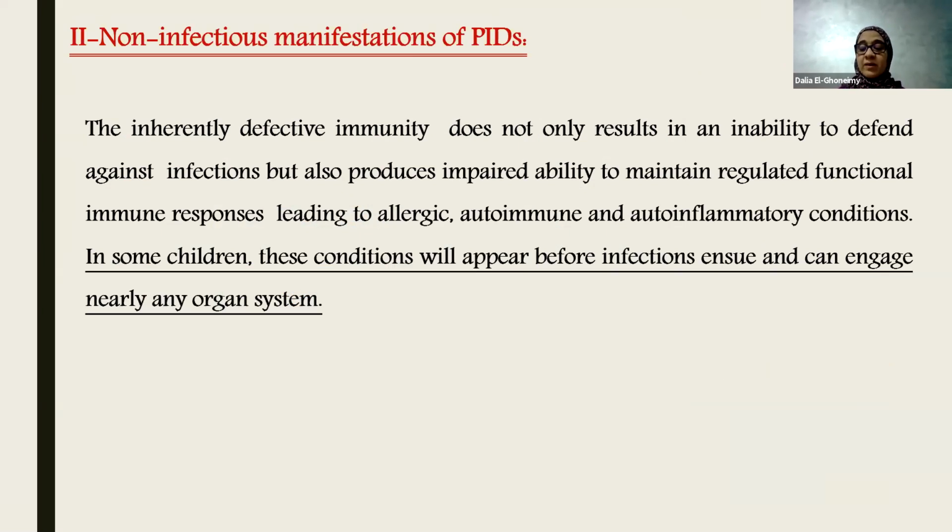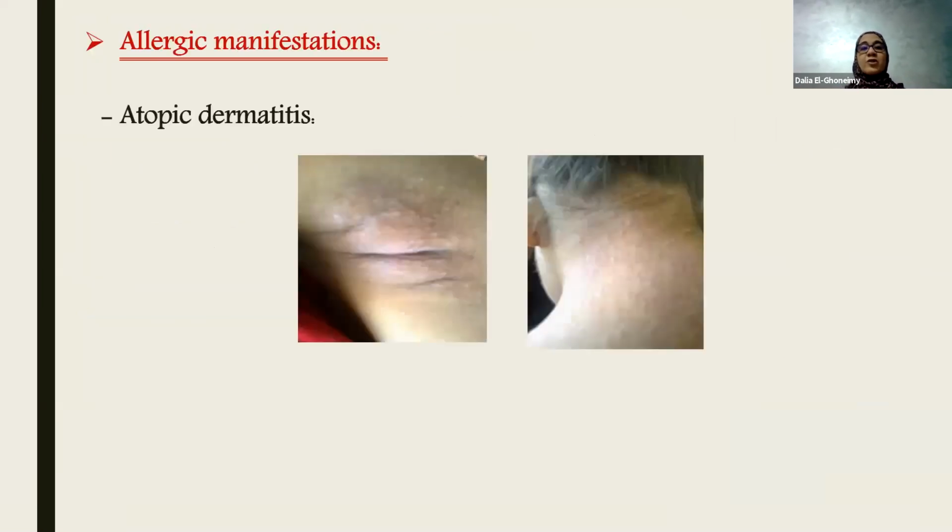The pathophysiology behind this disorder is dysregulated immune responses leading to associated allergic, autoimmune, and autoinflammatory conditions, and sometimes they present with malignancy, and it could be their initial presentation. So allergic manifestation, they might have atopic dermatitis.